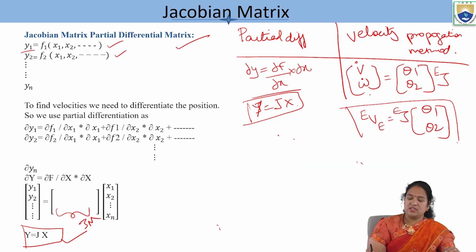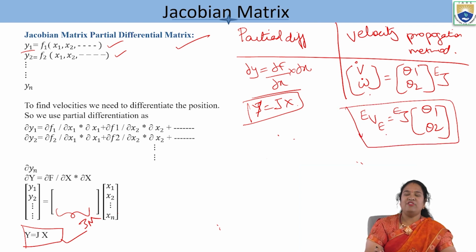Whereas in the velocity propagation method, we take the linear velocity and the angular velocity, that is omega, and in terms of theta we determine the Jacobian matrix as v and omega is equal to J into theta 1 theta 2. At the initial condition, velocity is equal to the Jacobian matrix into theta 1 and theta 2.